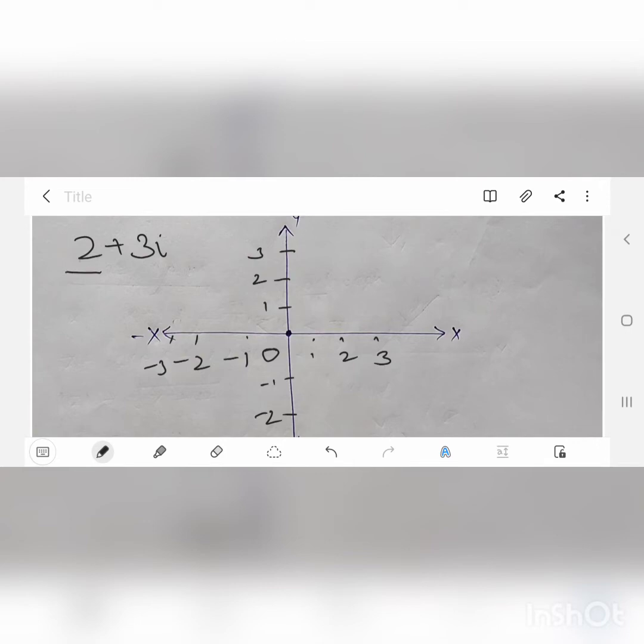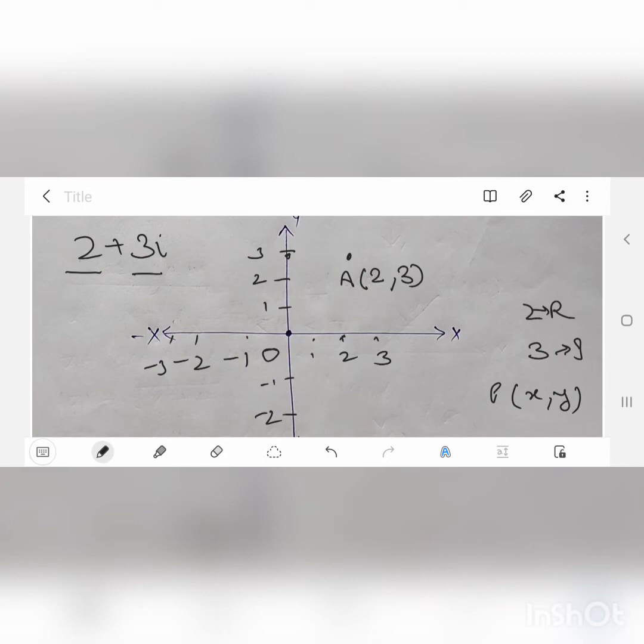Then we take 2 and 3: 2 is the real part and 3 is the imaginary part. We take 2 on the x-axis and 3 on the y-axis. Then we take the point this way. A is equal to (2, 3), because we know that A is equal to (x, y), the real part of z comma the imaginary part of z.